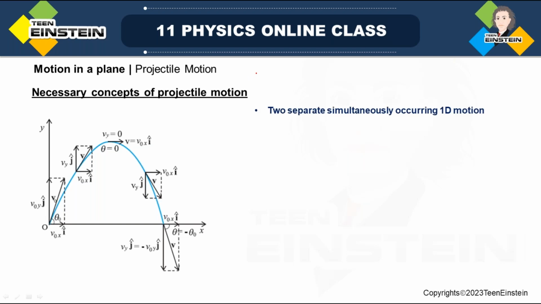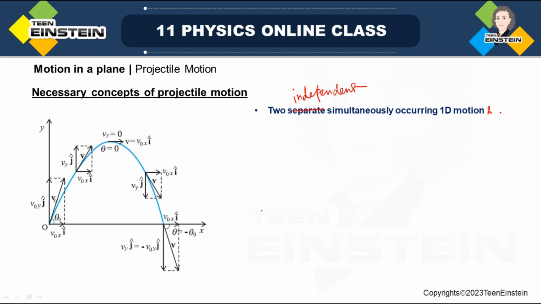Galileo first mentioned that projectile motion, or two-dimensional motion which has horizontal and vertical motion, can actually be considered as two simultaneously occurring independent one-dimensional motions.